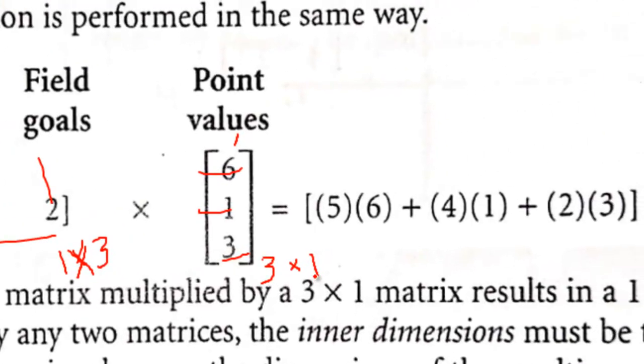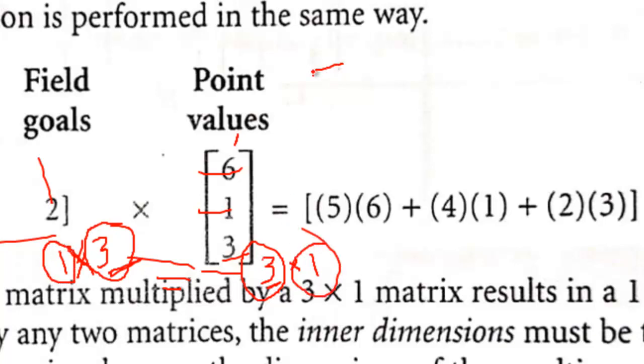Can the multiplication between these matrices be done? Yes, because the second number of the first system equals the first number of the second system. So 3 equals 3, so the multiplication can be done. And the result is the first number and the last number, so the matrix we're gonna have is 1 times 1.